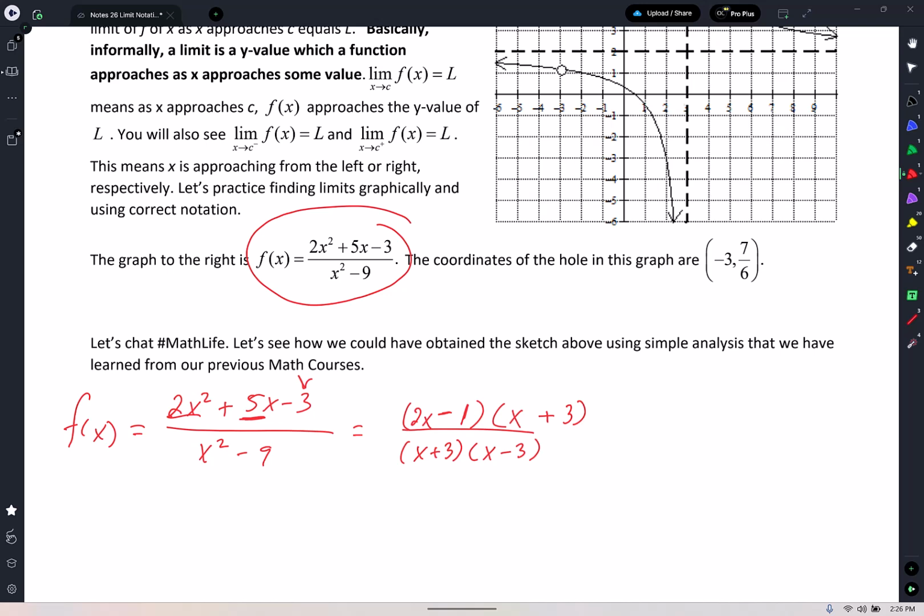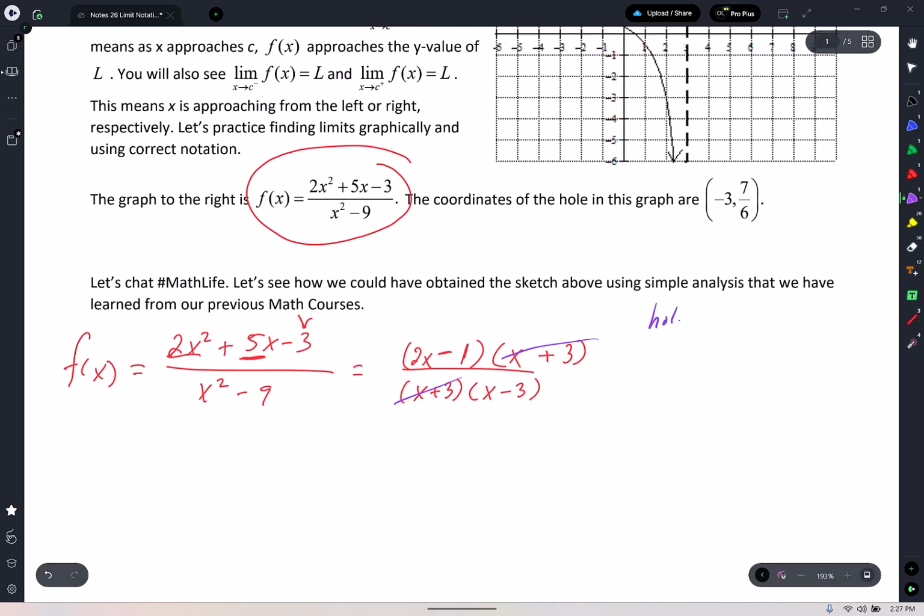Here we go. Do you see a factor that cancels out? Yes. What factor cancels out? The x plus 3 cancels out, that means you have a hole at x equals negative 3. Do you guys remember that? Sometimes there's a technical term for it.